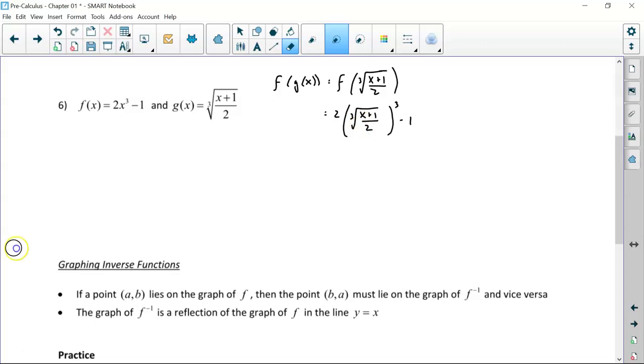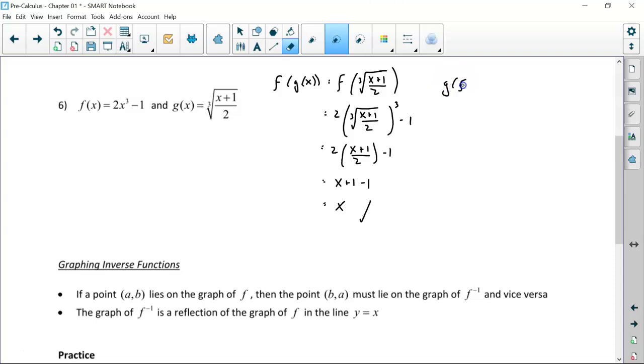Order of operations, we're taking the exponent first. When we cube a cube root, they undo each other, so we're left with 2 times x plus 1 over 2 minus 1. We multiply, the 2's cancel. We're left with x plus 1 minus 1, which gives us x. Good on the first part. Let's do the other side.